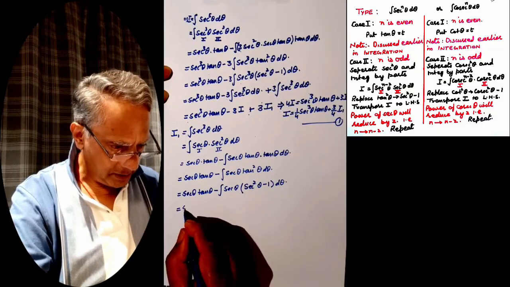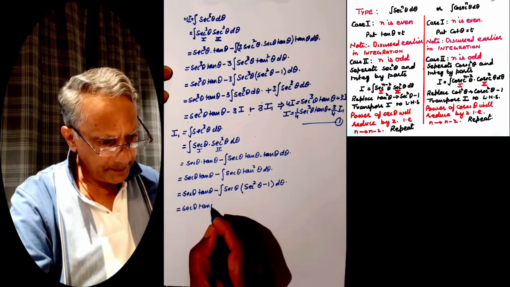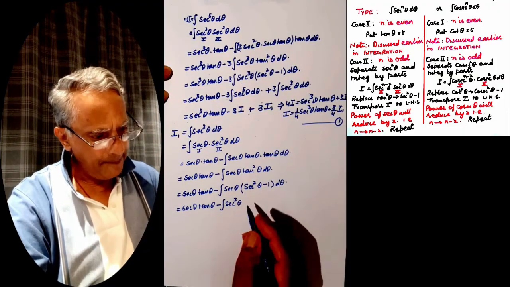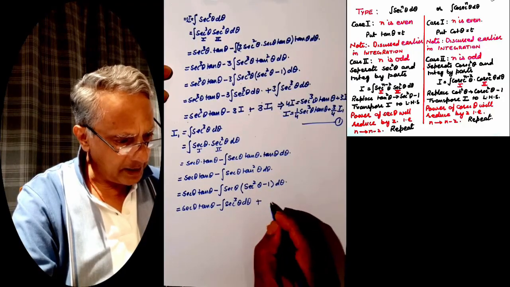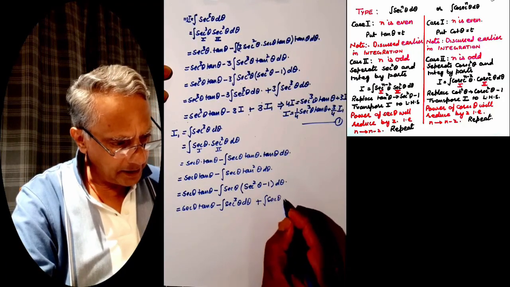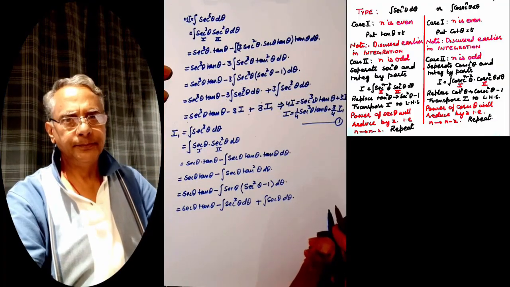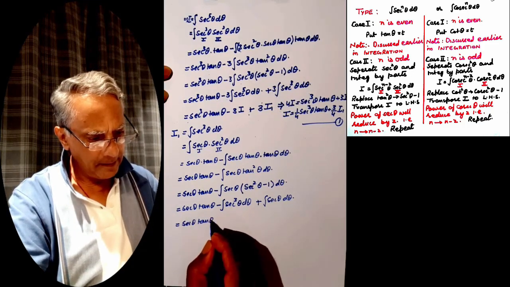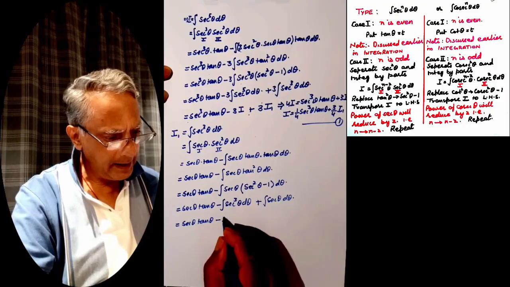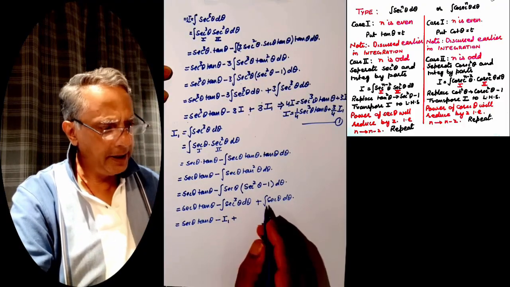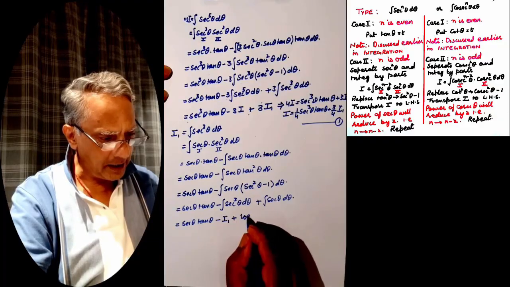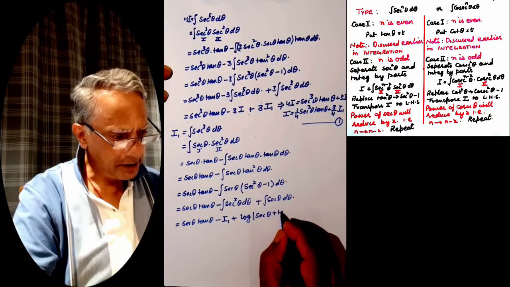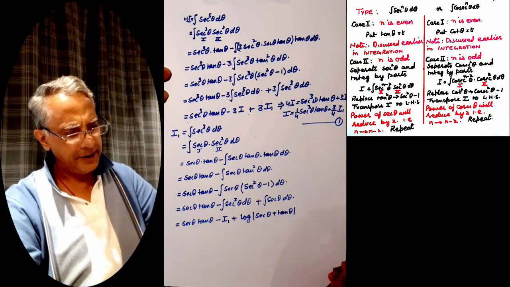And this is equal to secant theta tangent theta minus integral of secant cube theta d theta, minus minus plus integral of secant theta d theta. And this is equal to secant theta tangent theta minus I1 plus integral of secant theta. Integration of secant theta is log secant theta plus tangent theta.